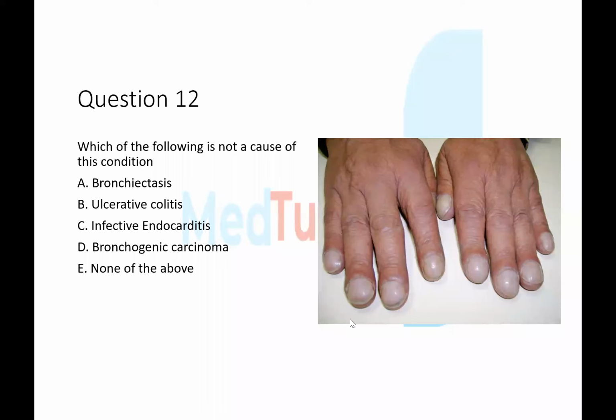So what's the likely answer here? The likely answer is E. Exactly, because all the options listed can actually cause finger clubbing: bronchiectasis, ulcerative colitis, infective endocarditis, bronchogenic carcinoma. So all those can cause finger clubbing. Next slide, sir.